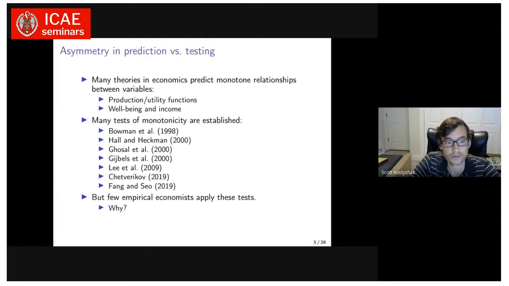We claim there's an asymmetry between what a lot of models predict and what researchers actually test. This isn't true for all: many structural papers might use GMM and test the exact parameter that their model makes a prediction about.